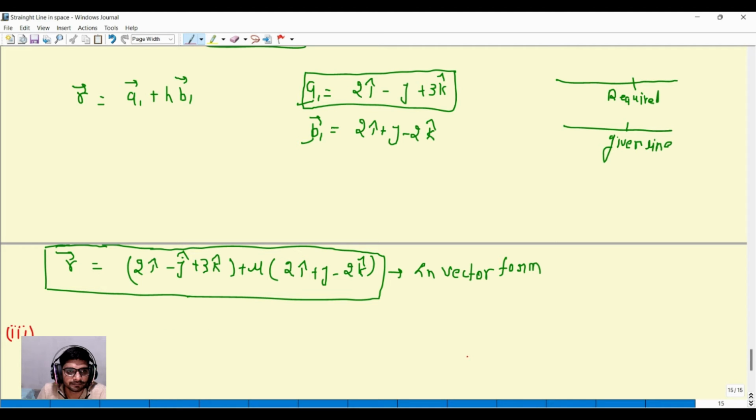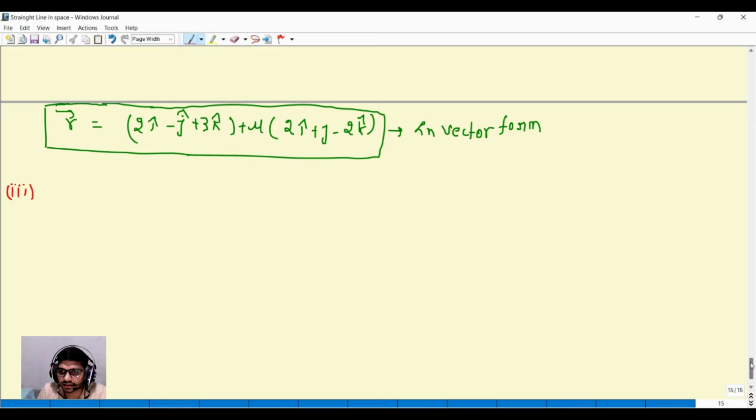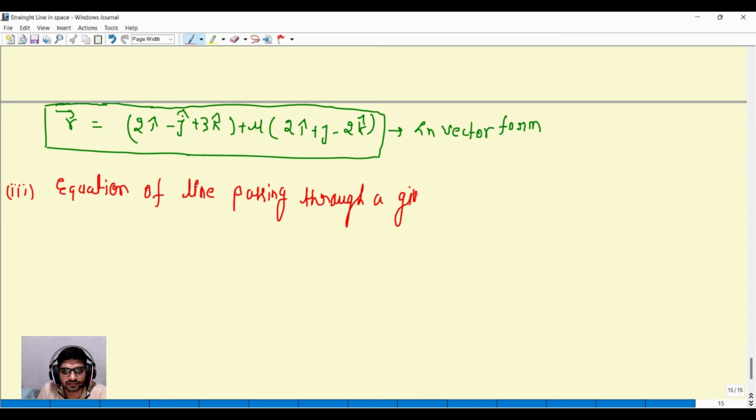The third topic is perpendicularity: find the equation of a line passing through a given point and perpendicular to two given lines.